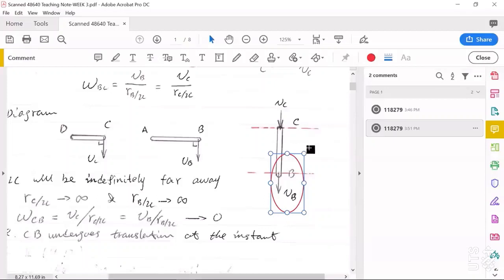And at this instant, link BC is undergoing translation. But just at this instant; immediately before or immediately after this instant, it will not be translation.